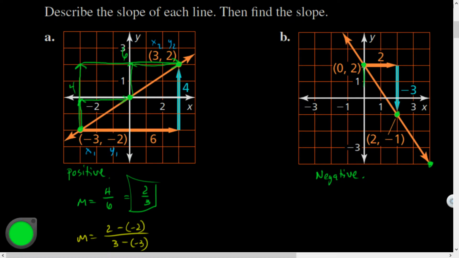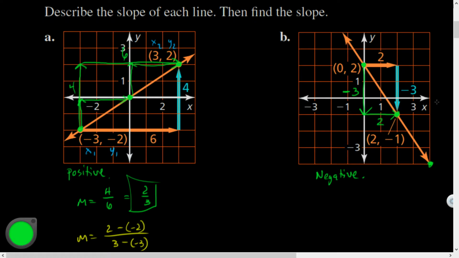And it looks like it went down. How many units here? 3. And because it's going down on the y-axis, we'll call that negative 3. So the rise is negative, and when the rise is negative, that means you're falling, right? And the run looks like 2.